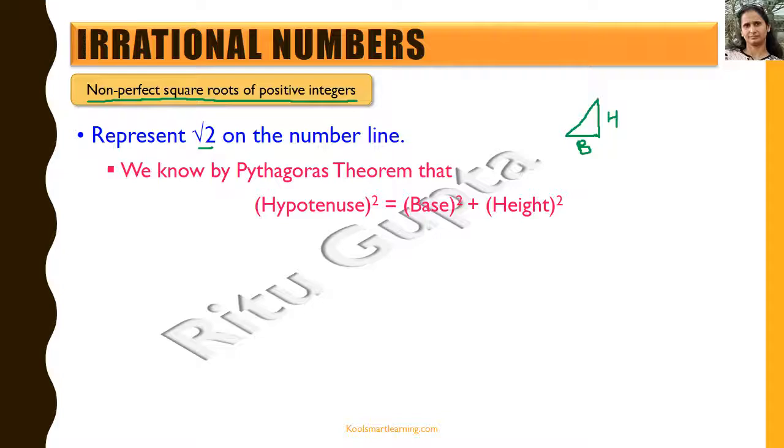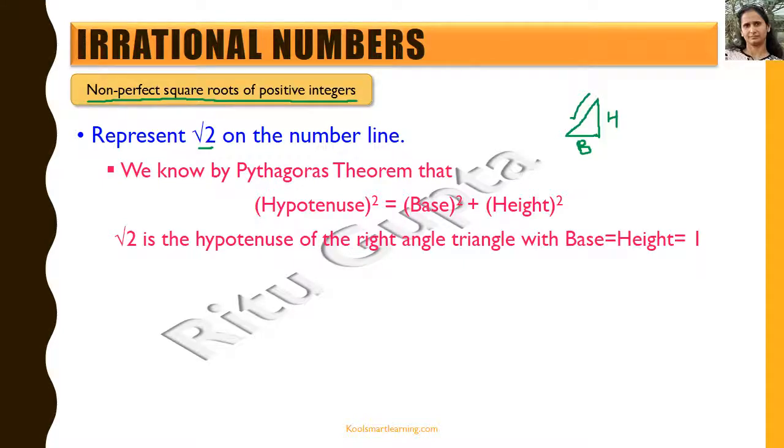So we can say root 2 is the hypotenuse of a right angle triangle with base equal to 1 and height equal to 1. Using the Pythagoras theorem, the square of this hypotenuse is 1 square plus 1 square, which is 2. So the hypotenuse becomes square root of 2. This is what we are going to use. Now what we do is we take a number line.